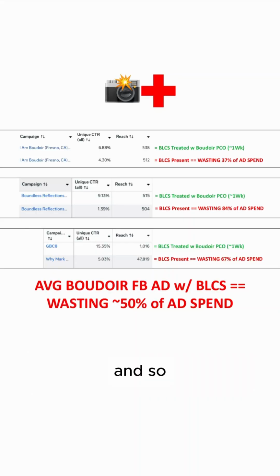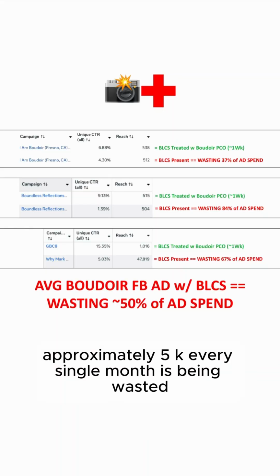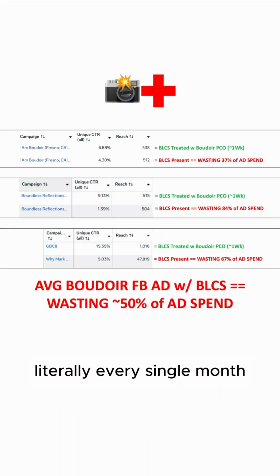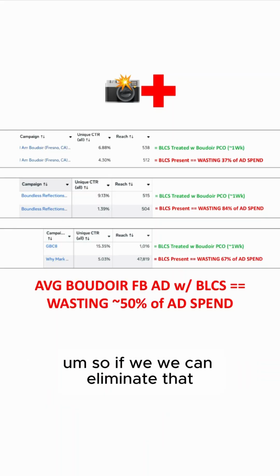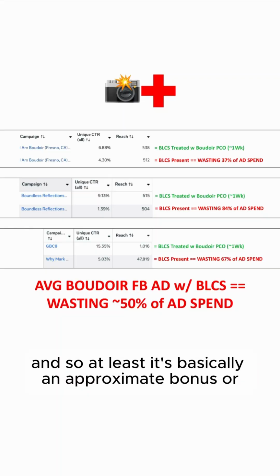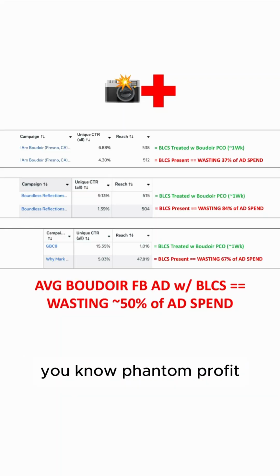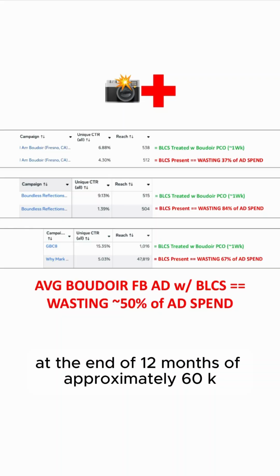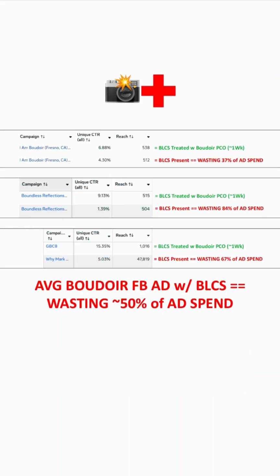If they're spending 10 grand a month on Boudoir Facebook ads, approximately 5K every single month is being wasted. So if we can eliminate that and put it back in their pocket, it's basically an approximate bonus, or phantom profit, at the end of 12 months of approximately 60K.